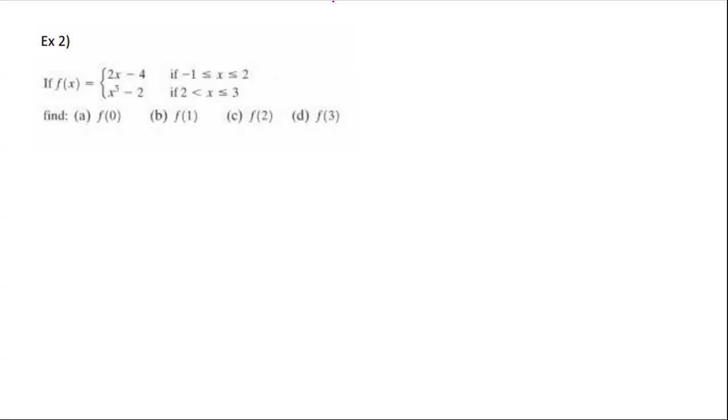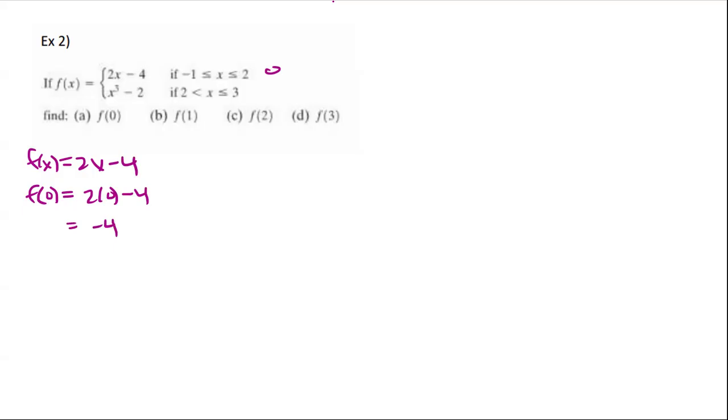So that means I'm going to use the first equation for part a. So f of x is equal to 2x minus 4, and we want 0. That'd be 2 times 0 minus 4, which is going to give us -4.